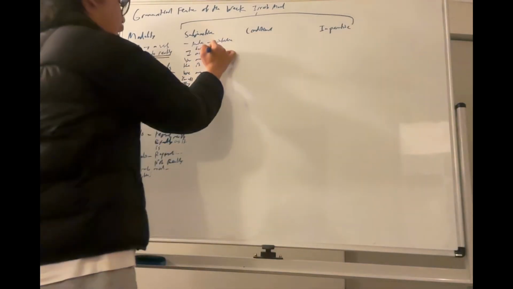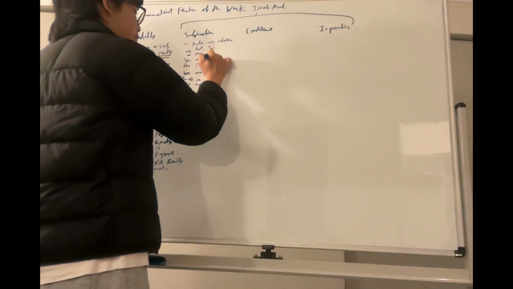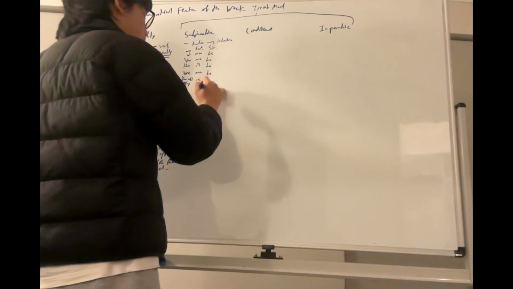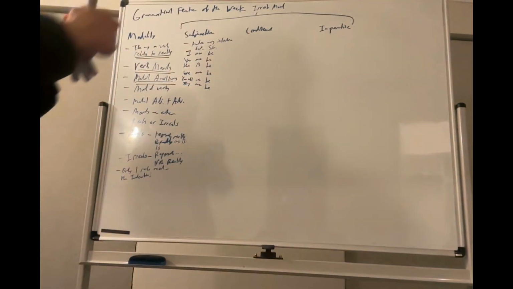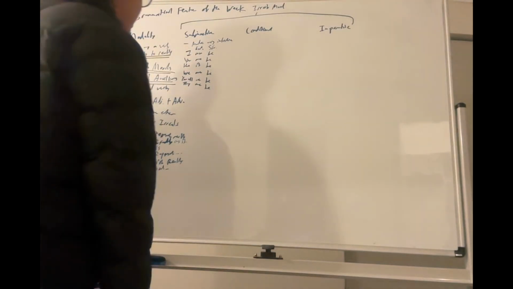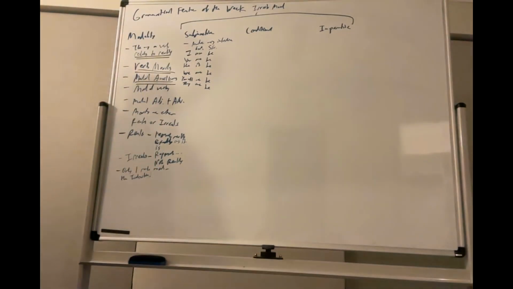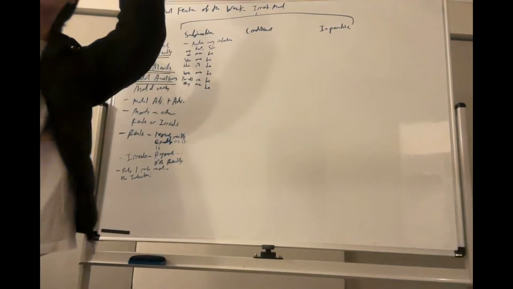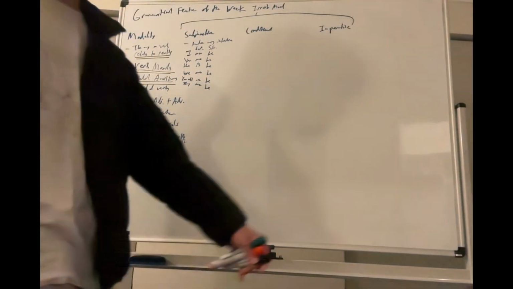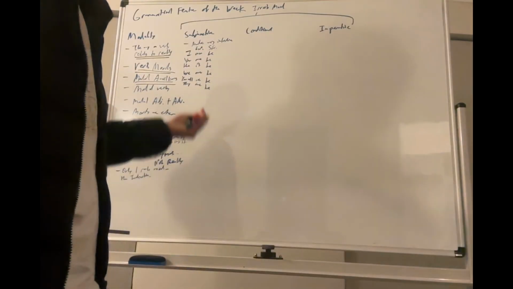Subjunctive: I be, you be, he be, we be, you all be, they be. As simple as it can get, really. Just throw everything you know about English conjugation out of the picture, and that's the subjunctive.